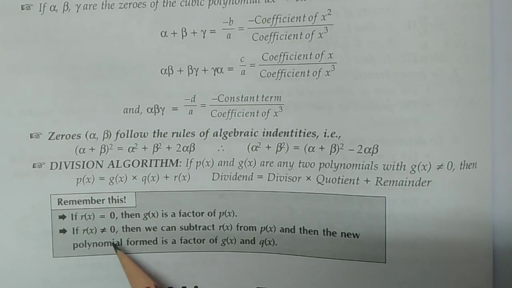So you need to be aware and remember these facts. If r(x) equal to 0, then g(x) is a factor of p(x). Now here, if r(x) is not equal to 0, then we can subtract r(x) from p(x), and then the new polynomial formed is a factor of g(x) and q(x).